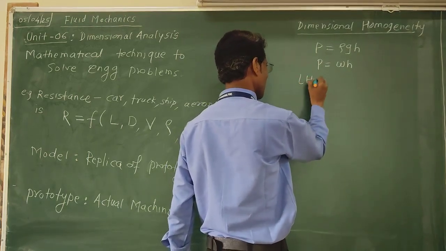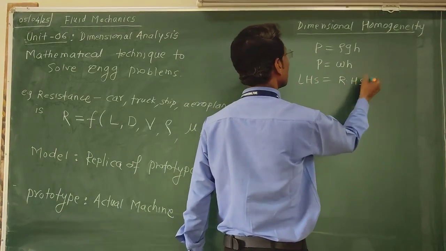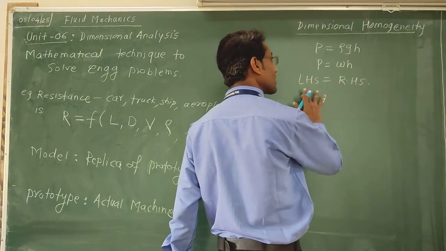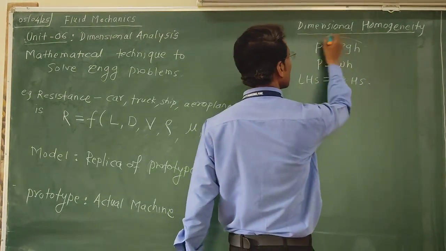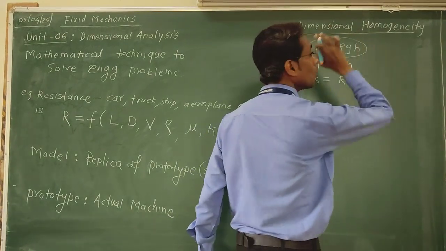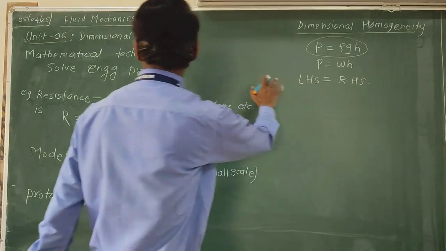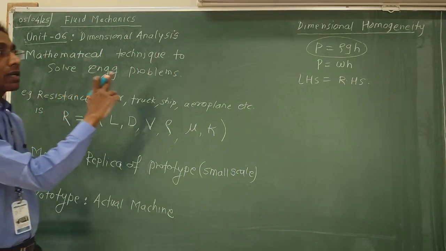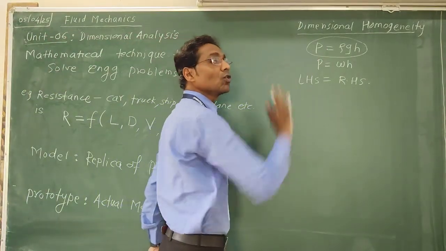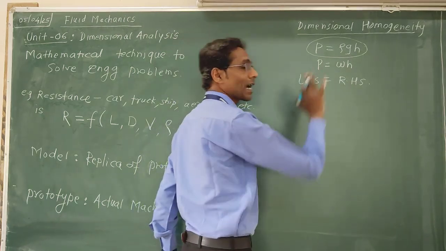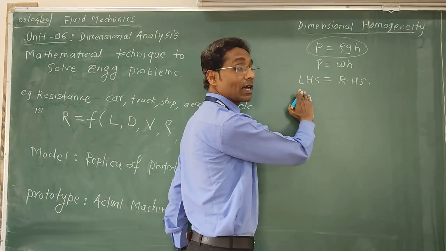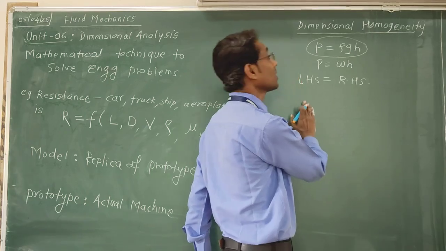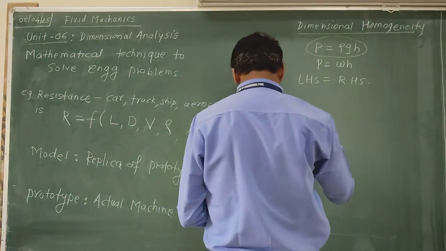Left hand side and right hand side, if the dimensional units of both sides are same, then we say that this equation is dimensionally homogeneous. Means we can apply or we are able to use dimensional technique only when the equation is dimensionally homogeneous. Means left hand side and right hand side, their dimensional units should match. Then it is possible.